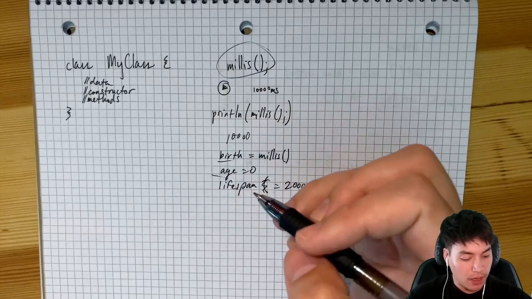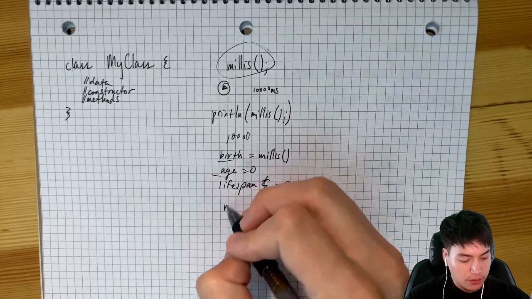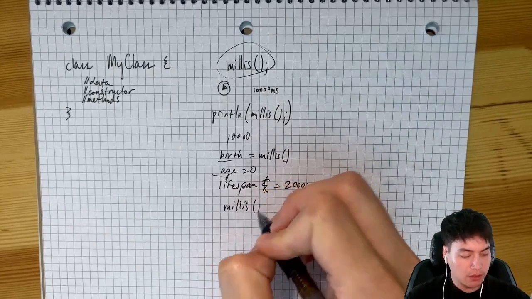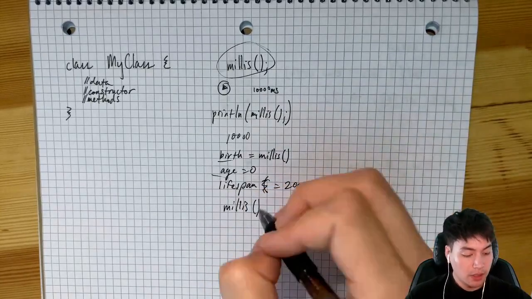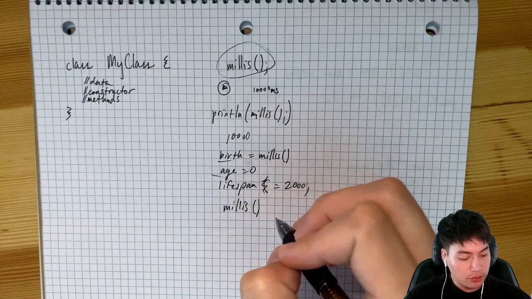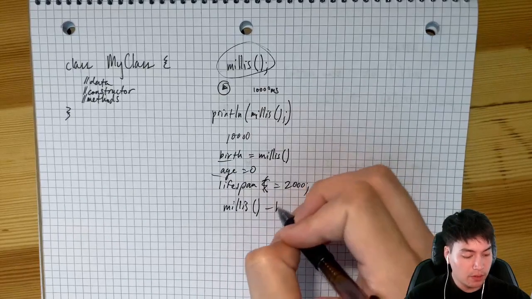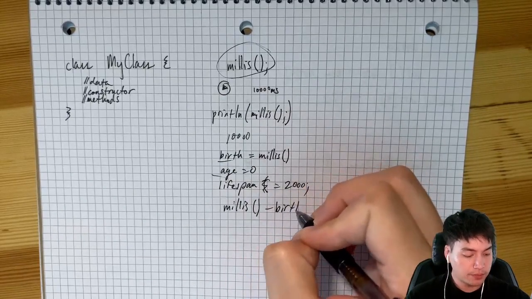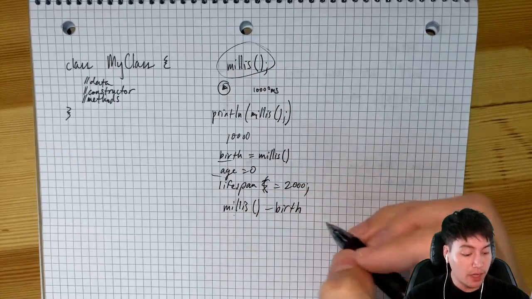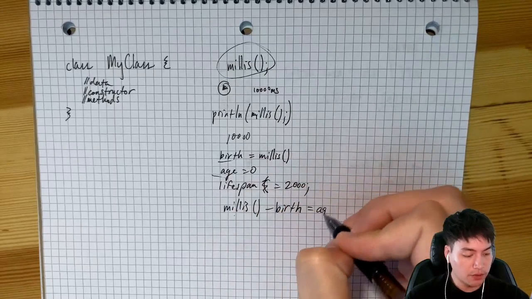But all we have to do now is take millis, which is the current time in our sketch, and subtract the birth time from that. And that will give us the age of the object.